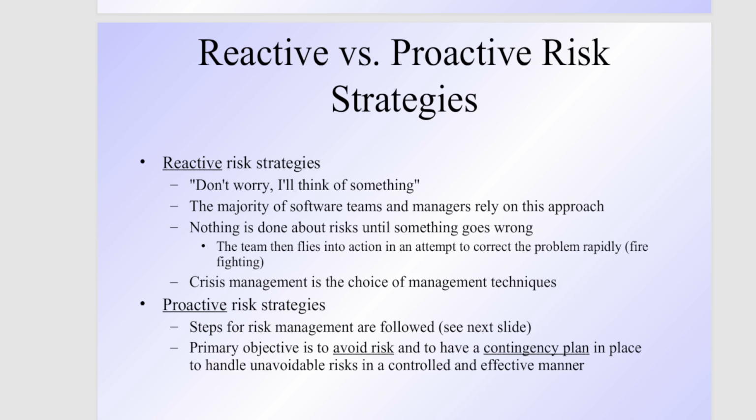So first of all, in this approach, you try to avoid the risk. If you cannot avoid it and the risk is going to happen, you should have a contingency plan, a plan B, which can be put into action once the risk occurs. Okay, so this is known as the proactive and reactive risk strategy.